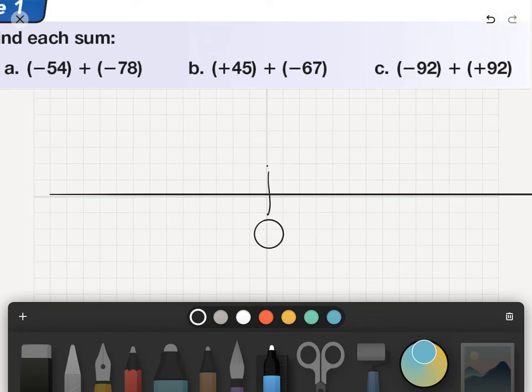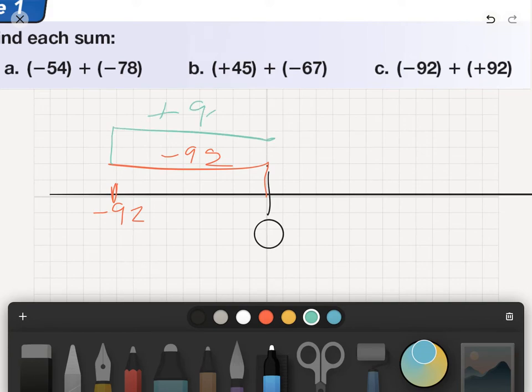How this would look is, we're starting at 0, with this nice curvy line, you end up at negative 92, going minus 92, and then you do an about face, and plus 92. It just lands you right back at 0. Okay, good talk.